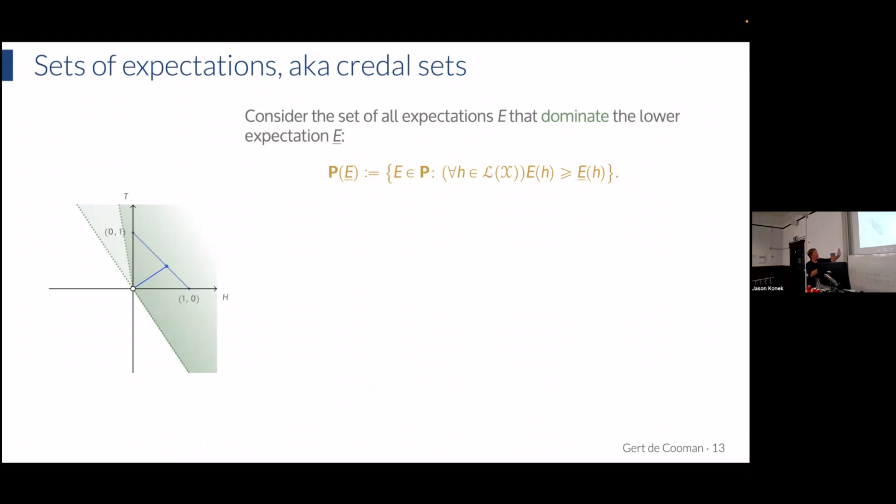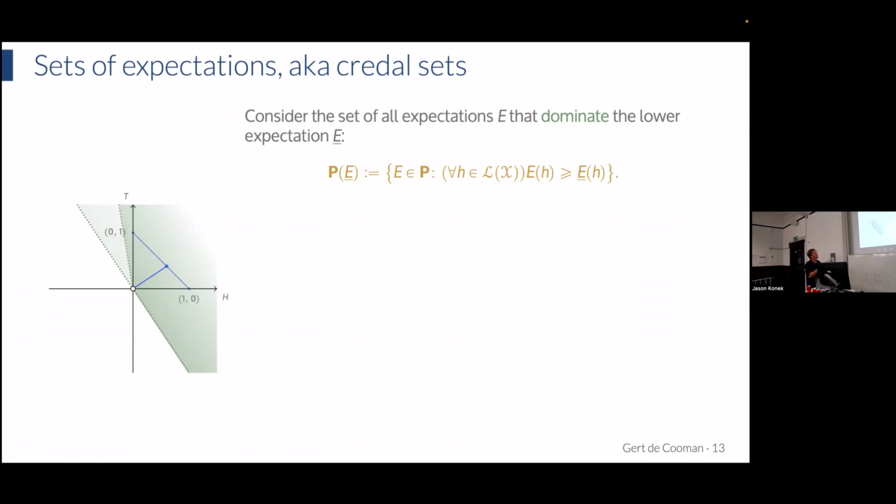Everything to the right of this line is all the gambles for which the expectation, for this expectation operator here, is positive. So this line corresponds to an expectation operator in this set, because everywhere it dominates the lower expectation here.